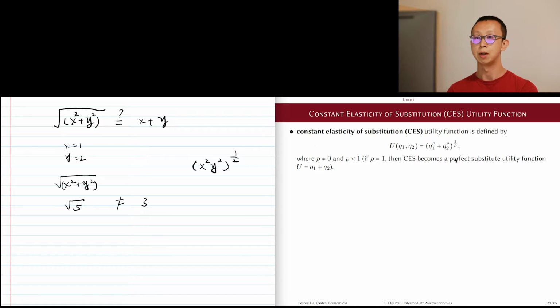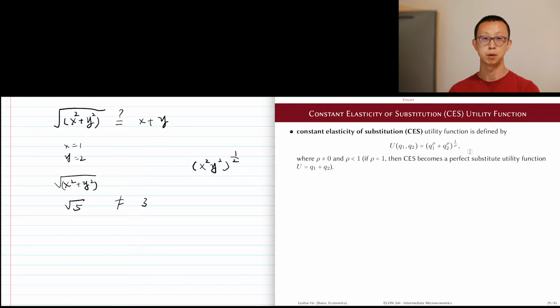So back to our particular utility function, this is in fact a complicated expression that does look a little bit daunting, but we're going to work with it and see that it is in fact not too terrible. And in fact, this utility function gives many desirable properties that the Cobb-Douglas utility function simply does not provide.